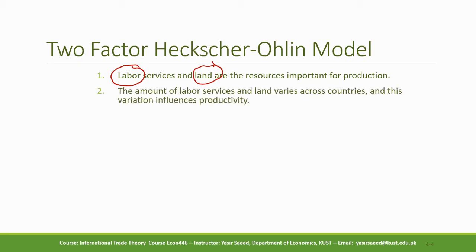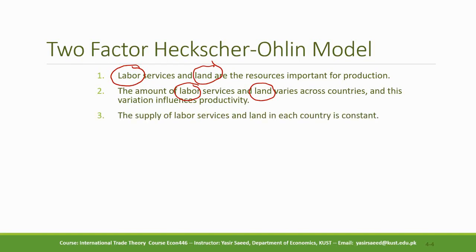Then the second assumption is that the amount of labor services and land varies across countries. It means labor and land will be in different quantities in different countries. They cannot be the same. There will be more labor in one country and more land in another country.